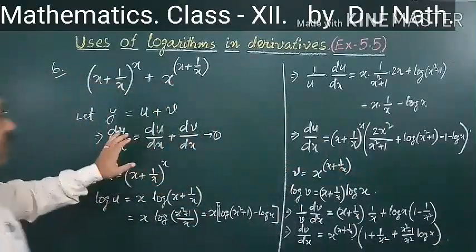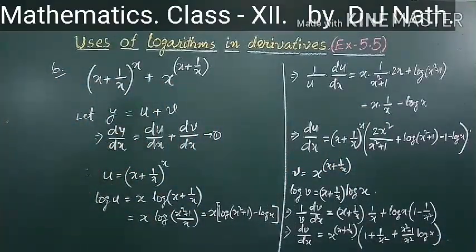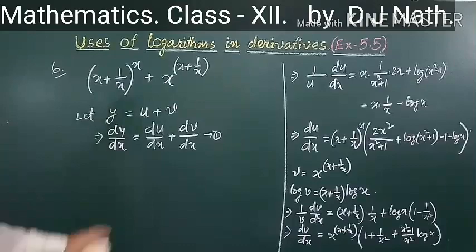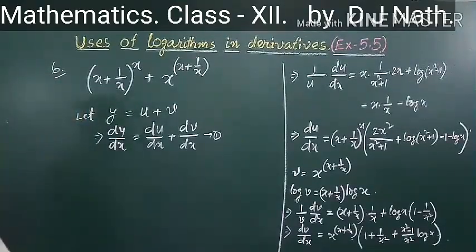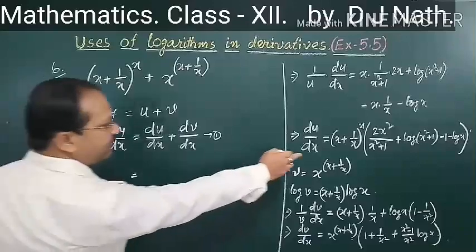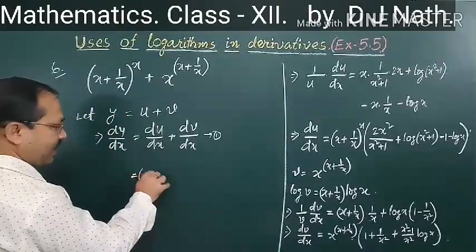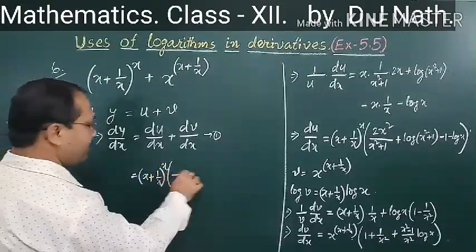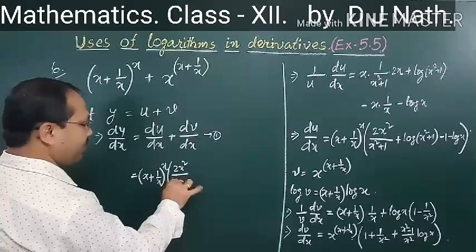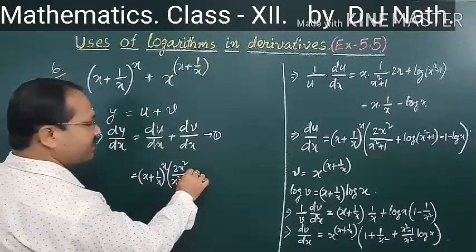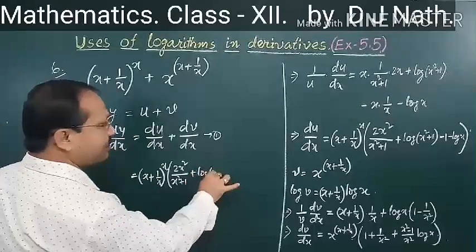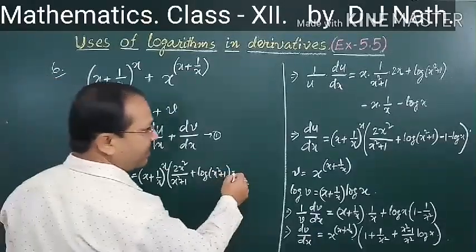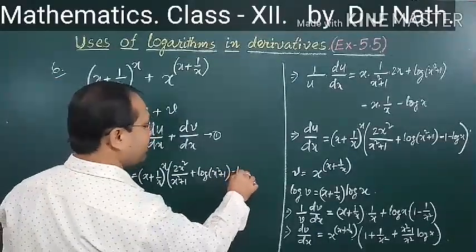So now dy dx will be equal to du dx plus dv dx. So du dx is how much? du dx is (x plus 1 upon x) whole to the power x into 2x square by (x square plus 1) plus log of (x square plus 1) minus 1 minus log x.